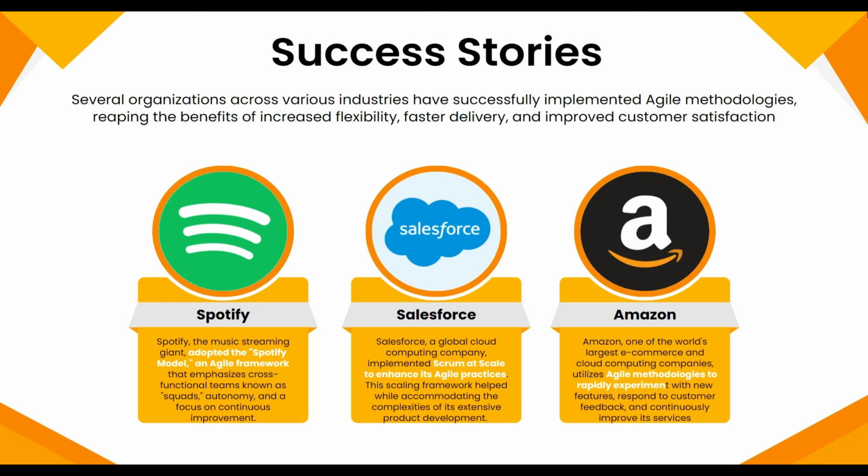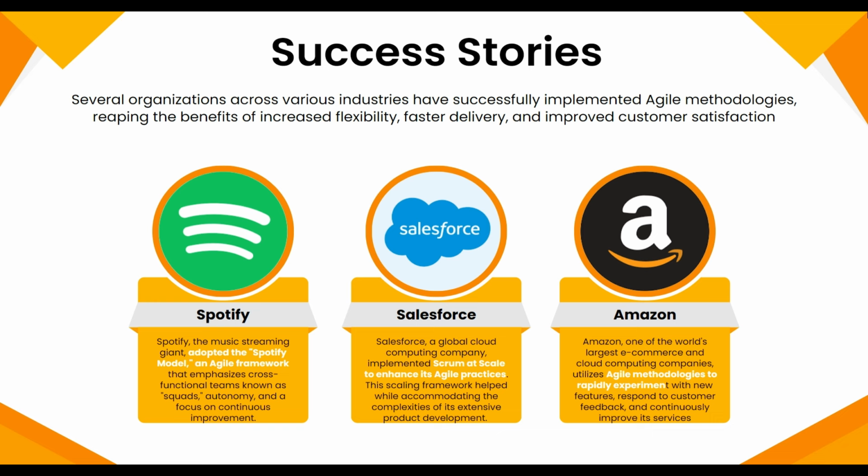So Spotify, Salesforce, Amazon, the list is huge. Many organizations are using Agile, but Spotify, Salesforce, and Amazon are using Agile at its best.